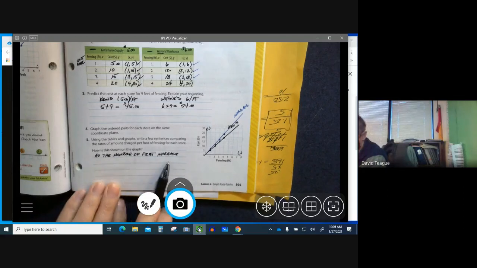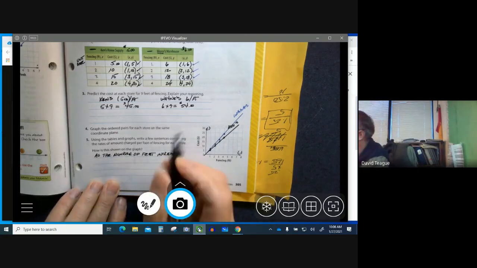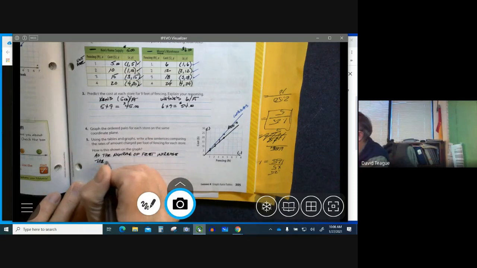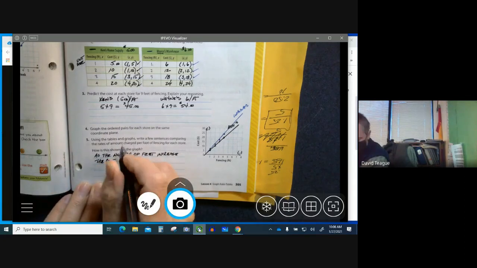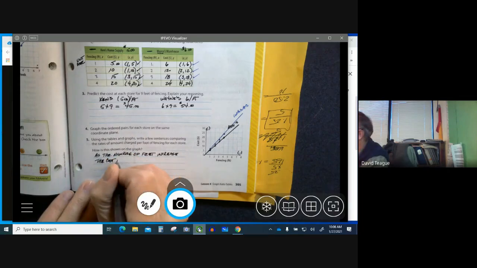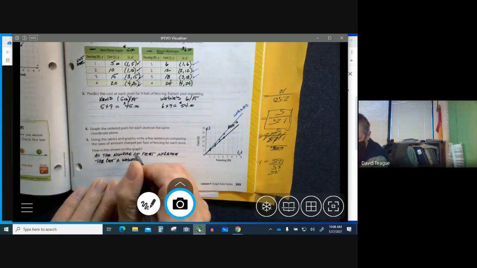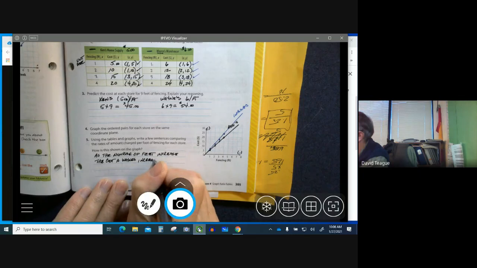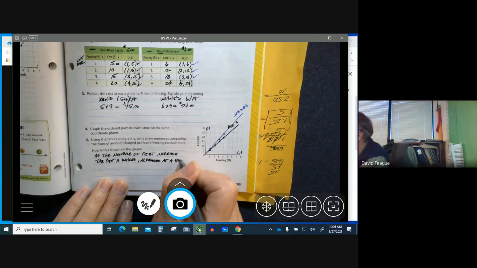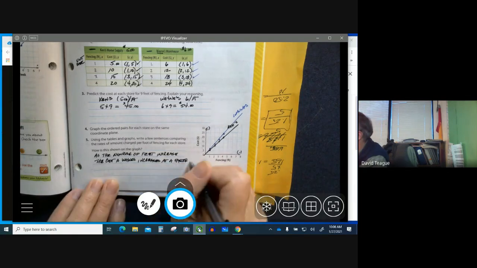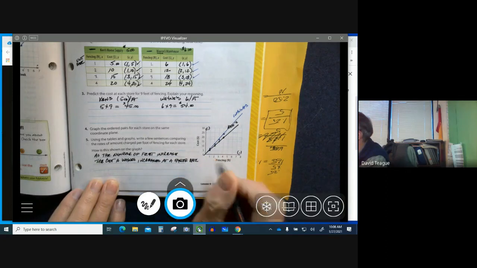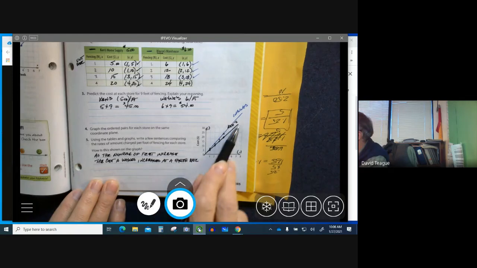So as the number of feet increase, the cost at Wayne's increases at a faster rate, right? Because it climbs faster than it does at Ken's, right?